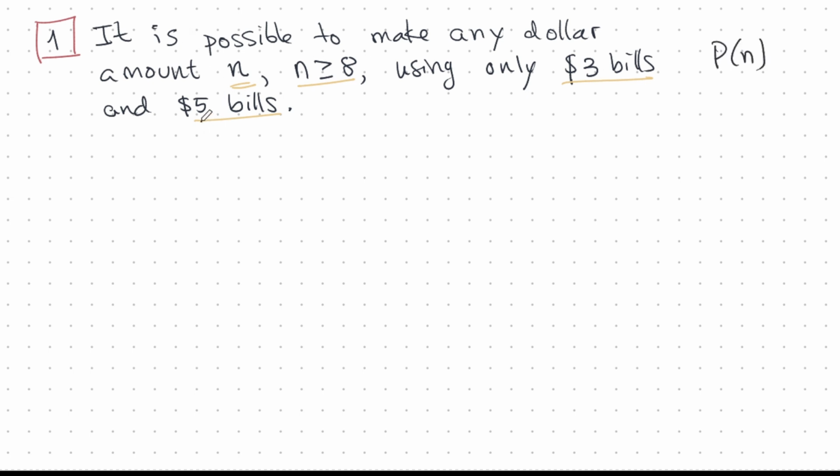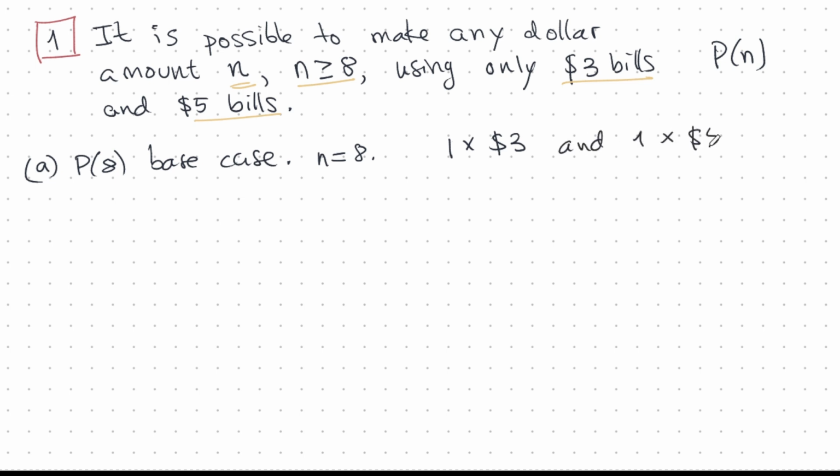So this is my statement, Pn, that I'm trying to prove. Let's see, P8, n equals 8, is going to be my base case. So how does that work? Can I do it? Yeah. I take one $3 bill and one $5 bill, and we're done.